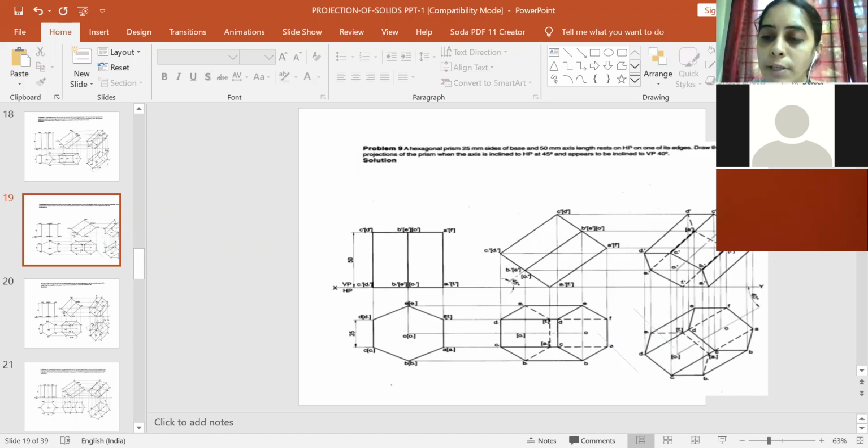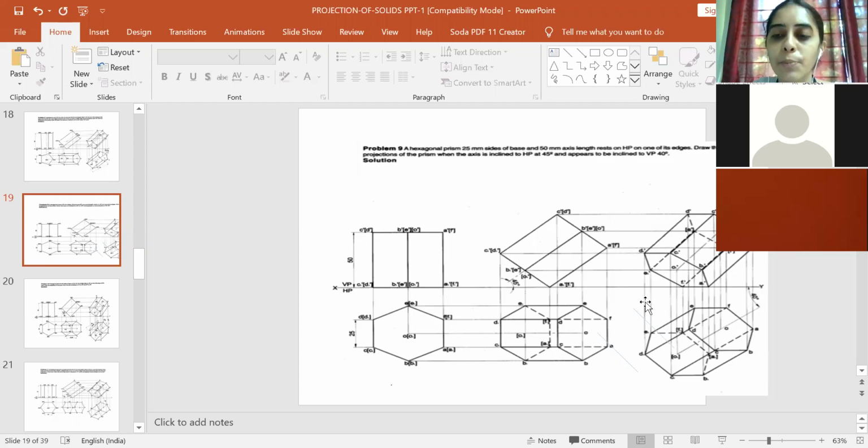After you extend all the projections, you will extend the projection from the front view also. So please take the projections from C dash and D dash, B dash and E dash, A dash and F dash, C dash and D1 dash, B dash and E1 dash, A1 dash and F1 dash also.